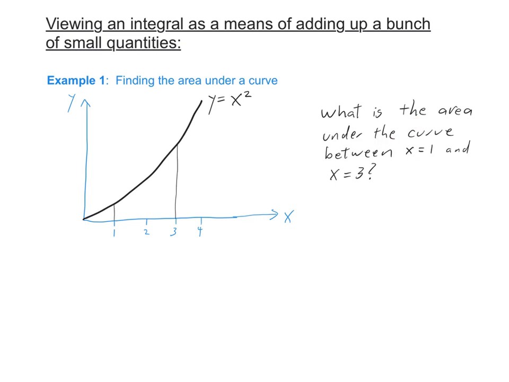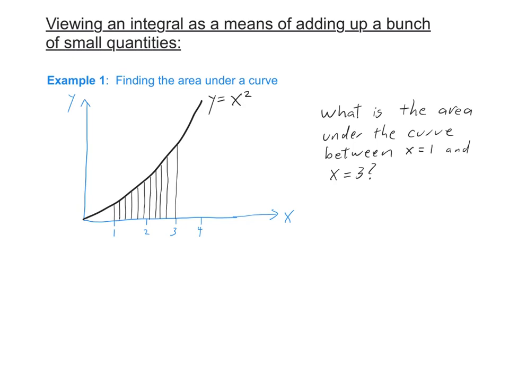So in other words, I look at the area between the curve y equals x squared and the x-axis in this region between 1 and 3. So this area here, how would I find it? Now, I don't have a simple formula for it, so I've got to figure out some other method. And the method that we'll use is we're going to chop up this area into a bunch of thin little slices as follows.